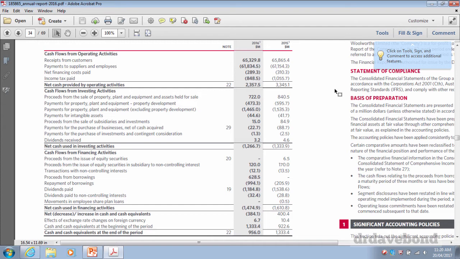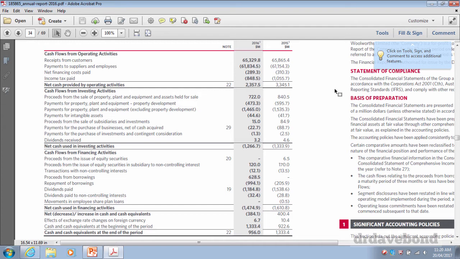If we look at what's here, there are proceeds from the issue of equities, transactions with non-controlling interests, which we don't need to worry about here, proceeds from borrowings, and repayment of borrowings. I should also add in dividends paid. So debt and equity movements and payment of dividends happen down here, along with a share plan movement, which is nothing much.